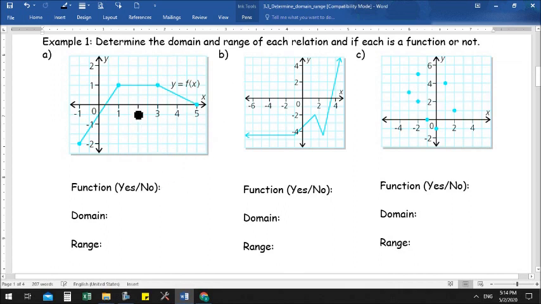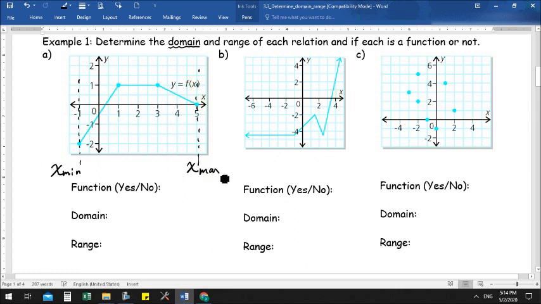Domain means valid x input. So you are looking for the valid x values on the graph, okay? This graph goes from here to here. Your task is finding the x minimum value and also the maximum value. The left of your graph is the minimum value of x.